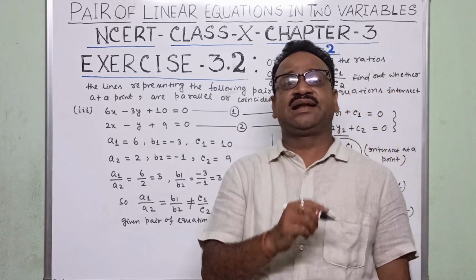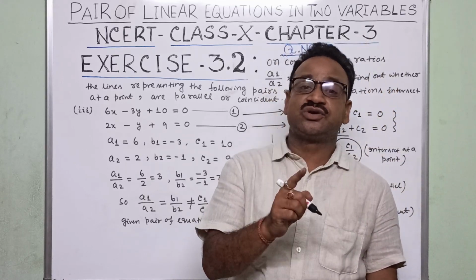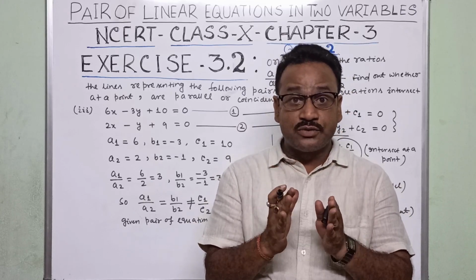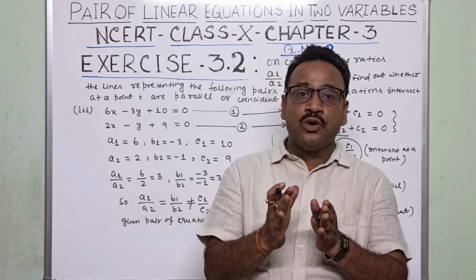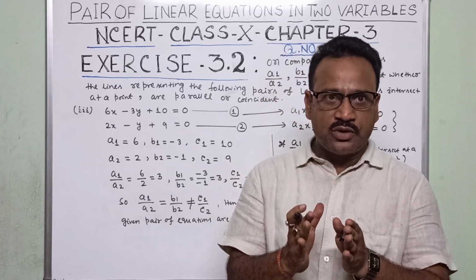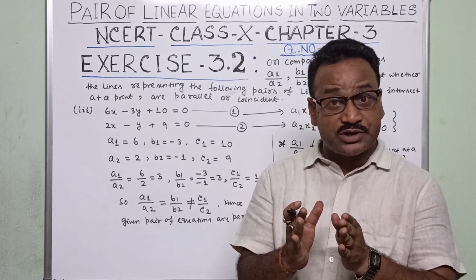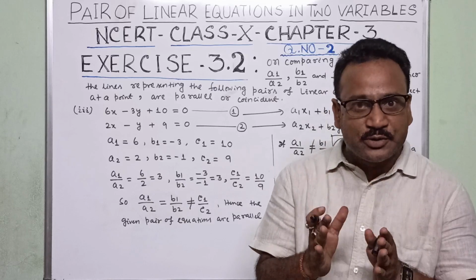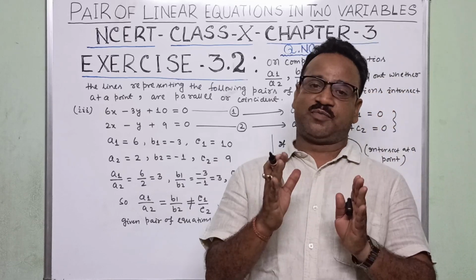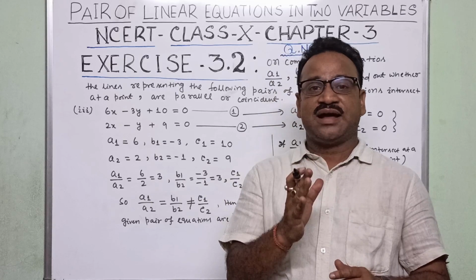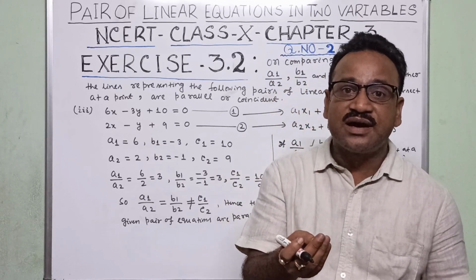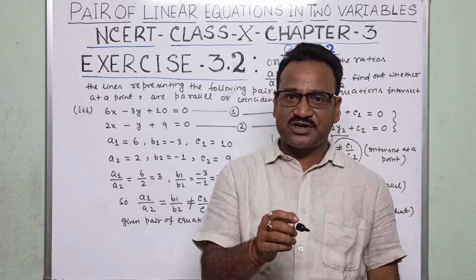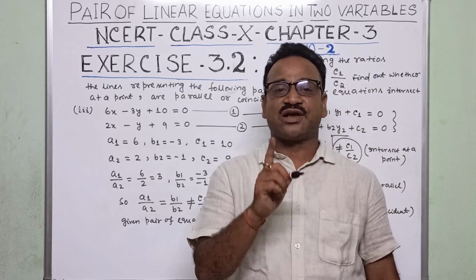Again and again I am telling you, just memorize the conditions. a1 by a2 is not equal to b1 by b2, intersecting. a1 by a2 is equal to b1 by b2 is equal to c1 by c2, coincident. a1 by a2 is equal to b1 by b2 is not equal to c1 by c2, parallel. Keep it in mind. Questions on which lines are coincident, parallel or intersecting come in the examinations, so from the examination point of view, these are important.